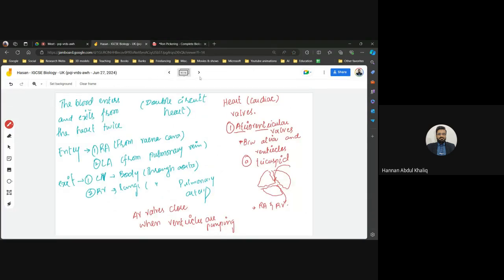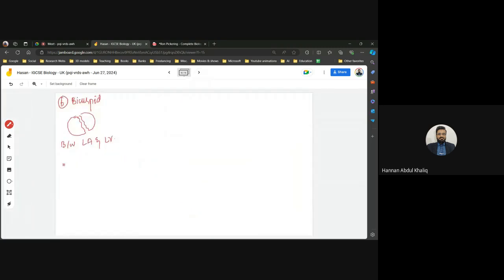The second type of valves that you would find in the heart are semilunar. The semilunar valves are present between the right ventricle and the pulmonary artery, and the left ventricle and aorta.